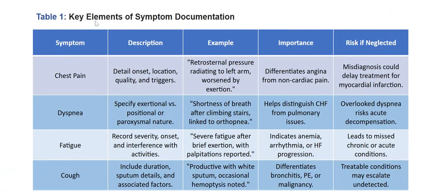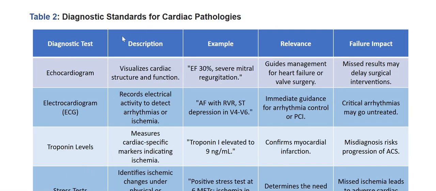Summary tables. Here we have a table on key elements of symptom documentation: symptom description, example, importance, risk if neglected. Symptoms, we have chest pain, dyspnea, fatigue, cough, and edema. Table on diagnostic standards for cardiac pathologies: diagnostic test, description, example, relevance, failure impact. Diagnostic tests, we have echocardiogram, electrocardiogram, ECG, troponin levels, stress test, and BNP levels.